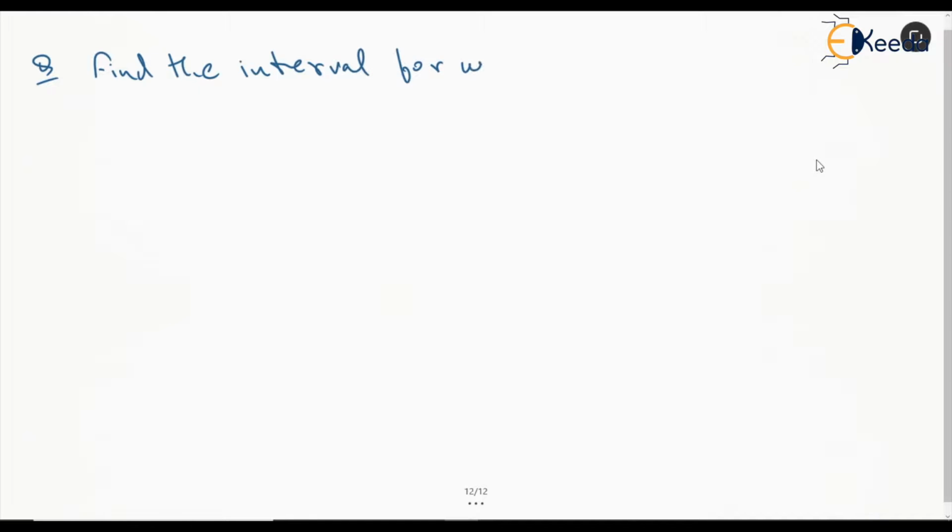So the question says: find the interval for which the function is increasing.